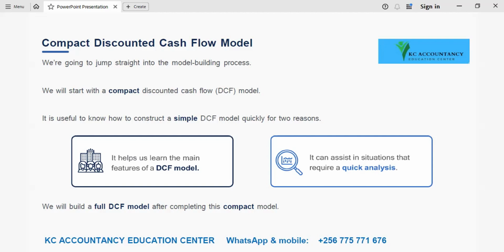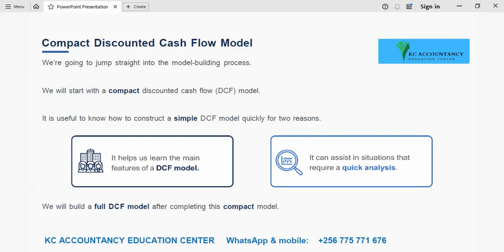These simple DCF models help us get the picture of what we may be looking at. The full model has so many things that are going to be new to some of you, and you may find yourself a little bit confused. So when we start from the simple DCF models, they will give you the picture of how the end result will look.